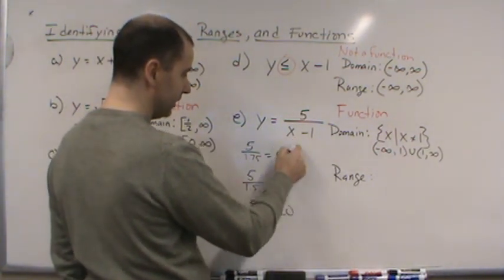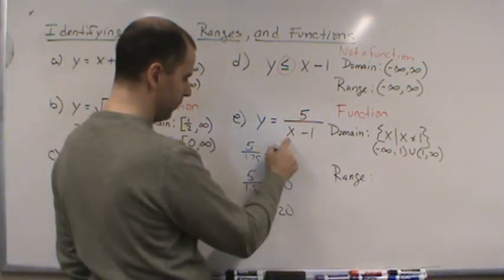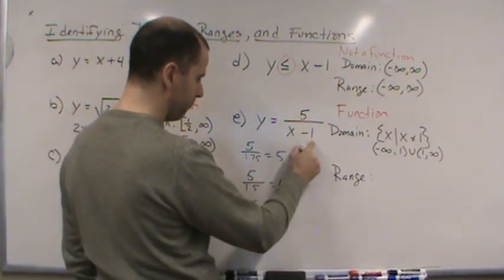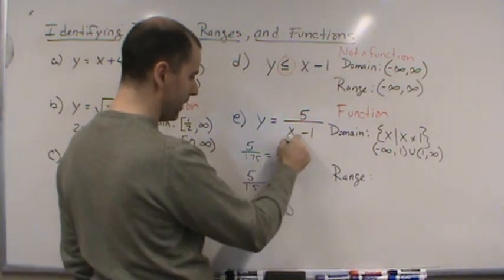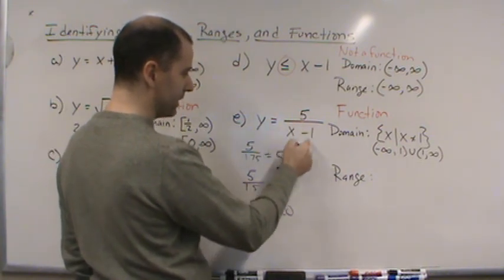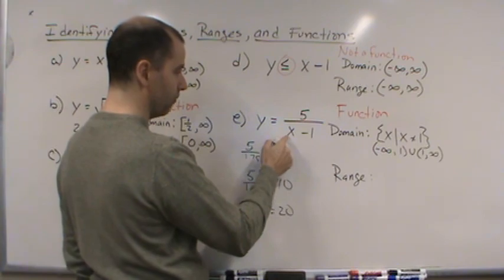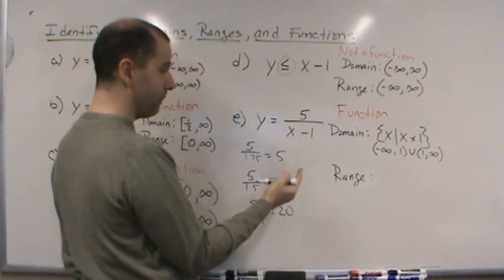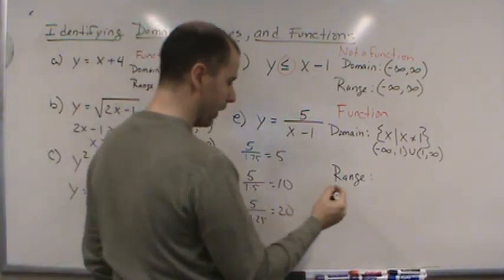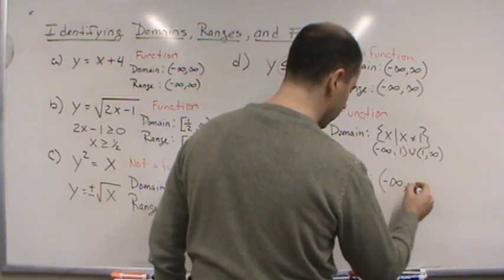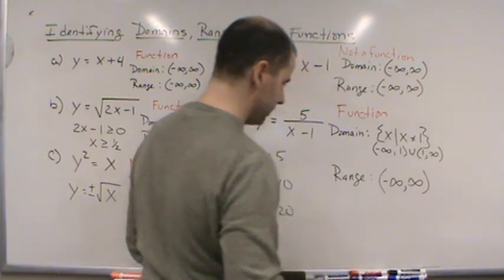Now, this thing is still getting closer to 0, but what's the difference? 1.75 minus 1 is positive. 1.5 minus 1 is positive. So these are all positive, but it's getting close to 0, but positive, and so now y is getting bigger, but it's positive. So it's going to positive infinity. So the range turns out to be from negative infinity to positive infinity.